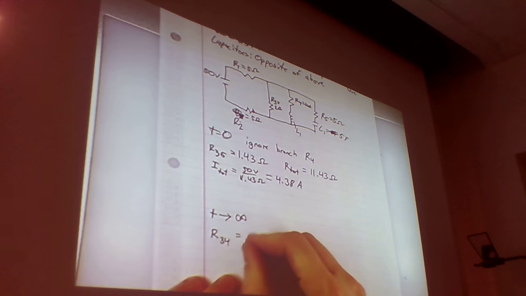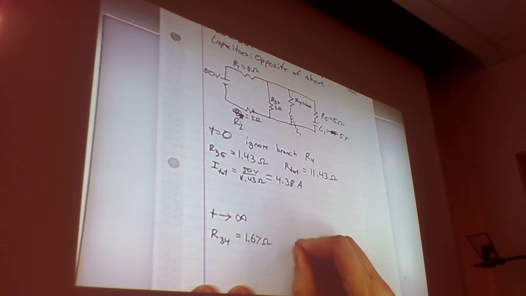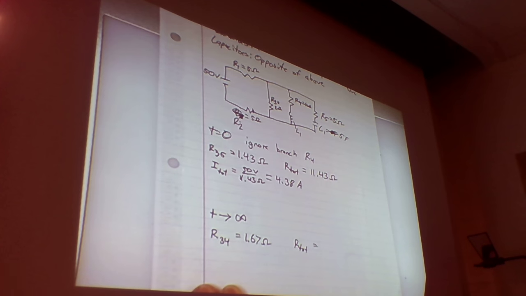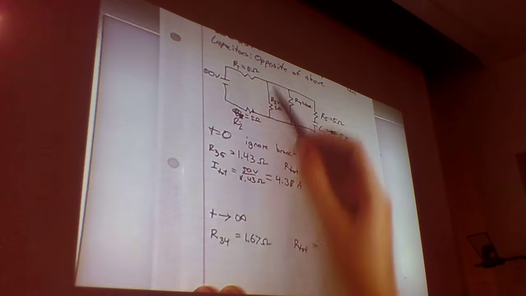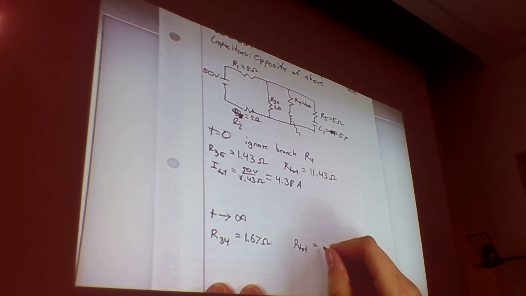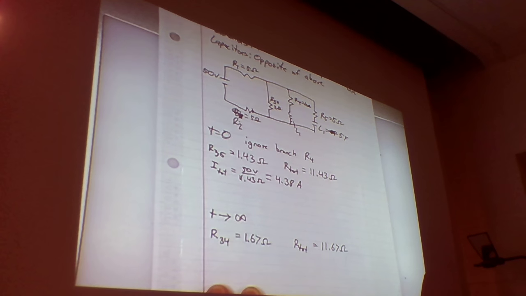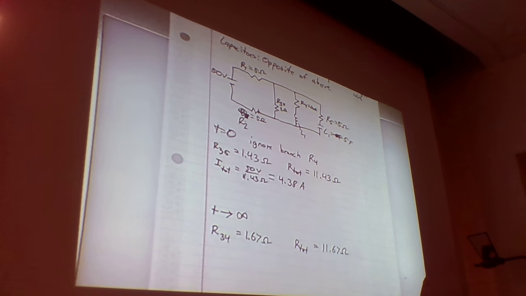So 1.67 ohms. That means our total is going to be that plus 5 ohms plus another 5 ohms, so R1 plus R3,4 plus R2. That's going to be 11.67 ohms. Not a huge difference from last time, but it will be a difference.